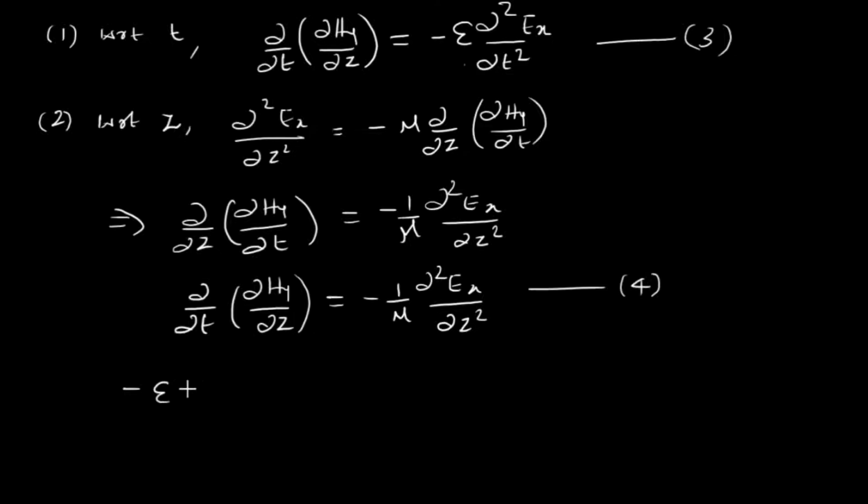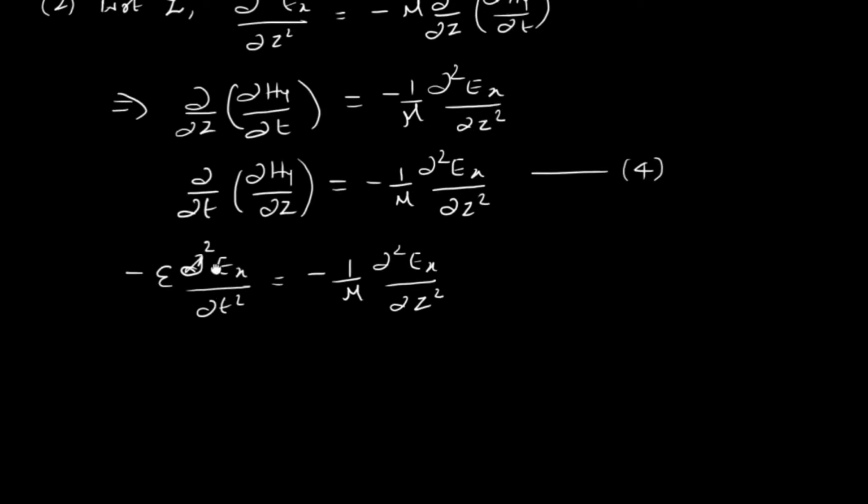Minus ε ∂²Ex/∂t² is equal to minus 1/μ ∂²Ex/∂z². So let me rearrange these terms.